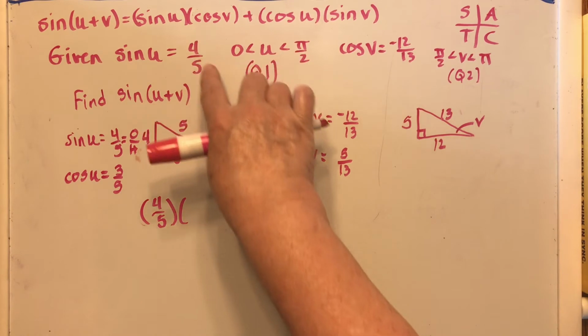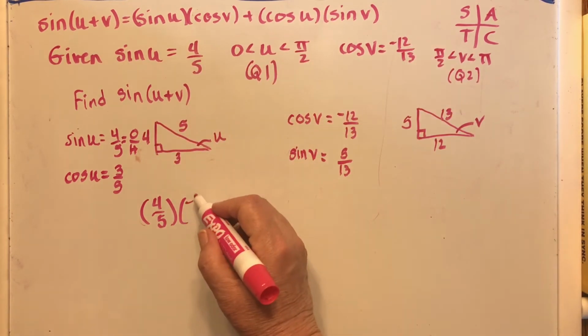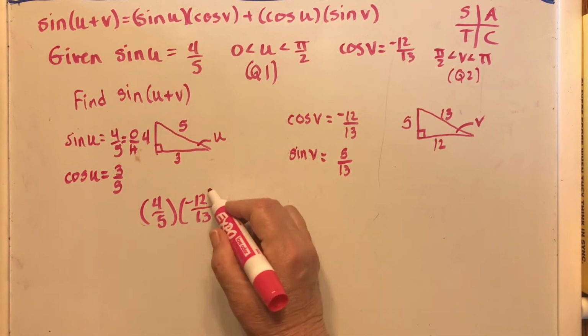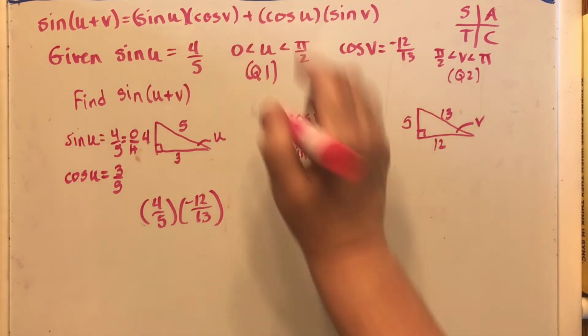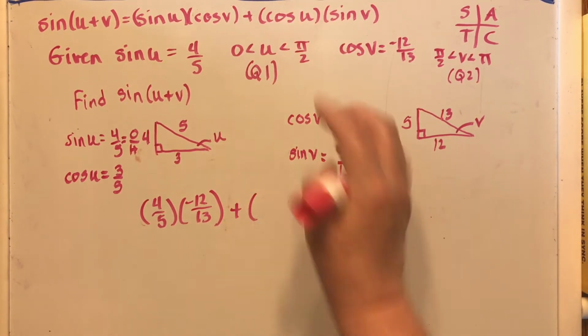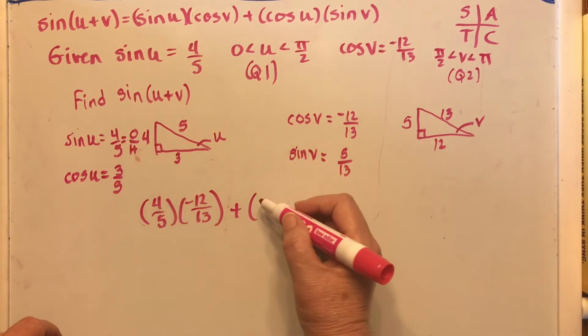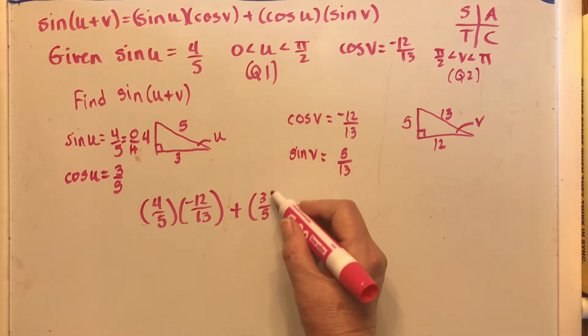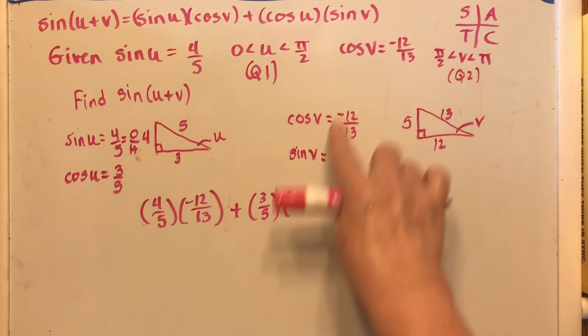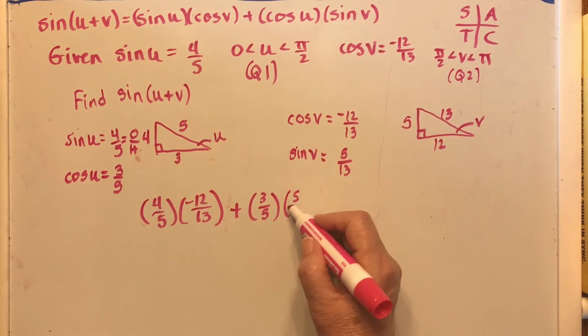The cosine of v, we were given as negative 12 over 13. And this is plus because of our formula. And now the cosine of u, we found by drawing this triangle. We found that to be 3 over 5. And the sine of v, we found to be 5 over 13.